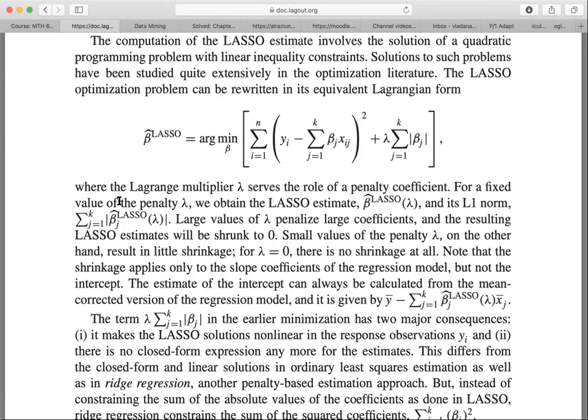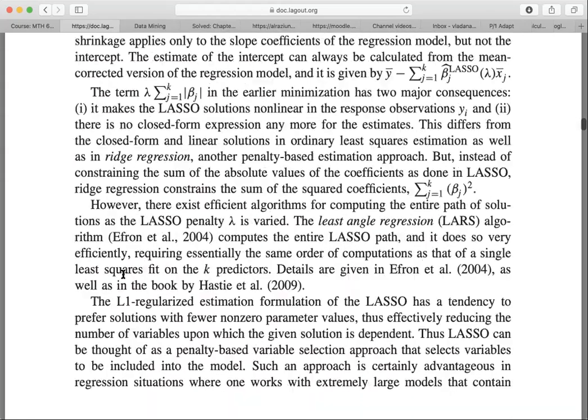Lambda is the Lagrange multiplier, which serves the role of a penalty coefficient. Large values of lambda penalize large coefficients, and the resulting lasso estimates will be shrunk to 0. Small values of lambda result in little shrinkage. When lambda equals 0, there is no shrinkage at all. Shrinkage applies to the slope coefficients of the regression model. The least angle regression LARS algorithm computes the entire lasso path.